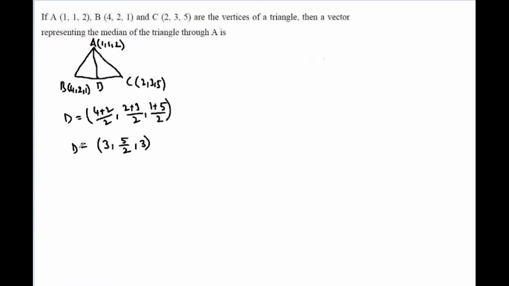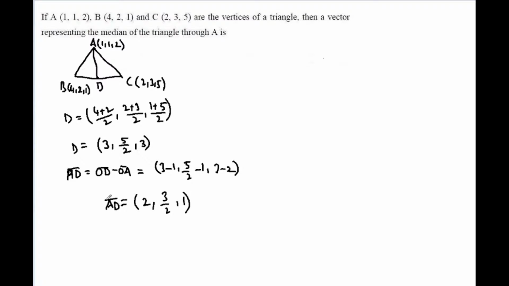This is the vector OD. Now we find AD, the equation of AD. AD = OD − OA, that is (3 − 1, 5/2 − 1, 3 − 2), which is 2, 3/2, 1.